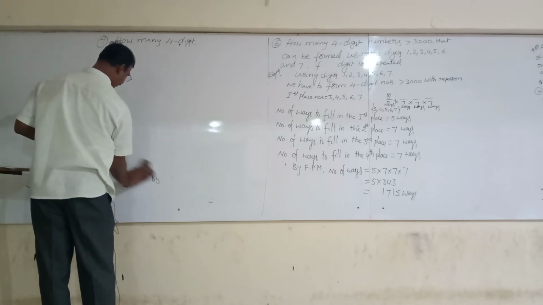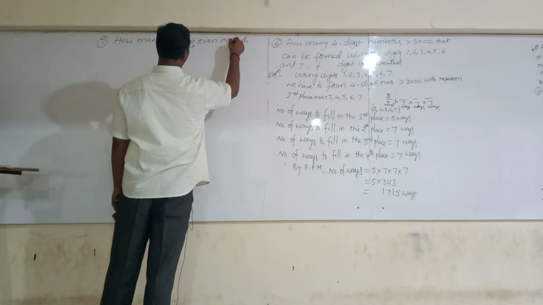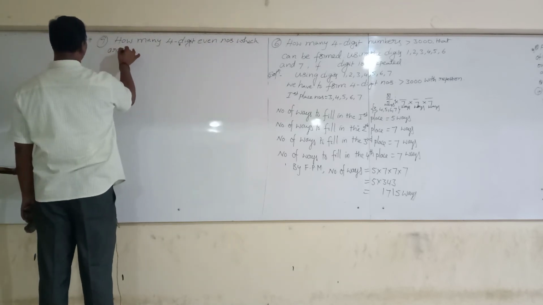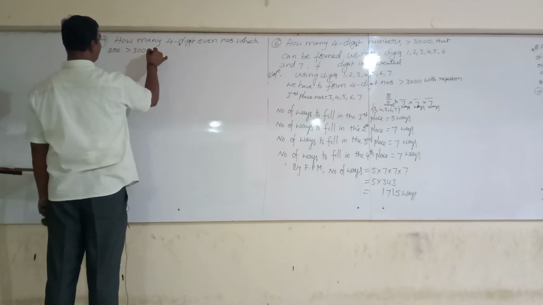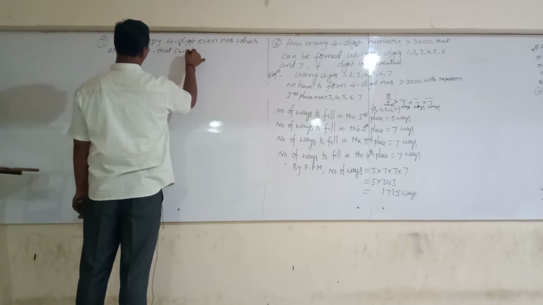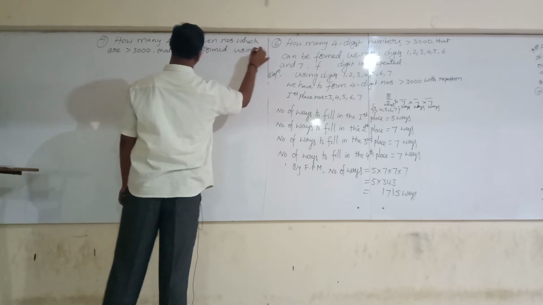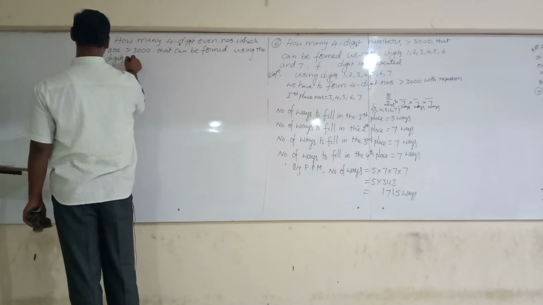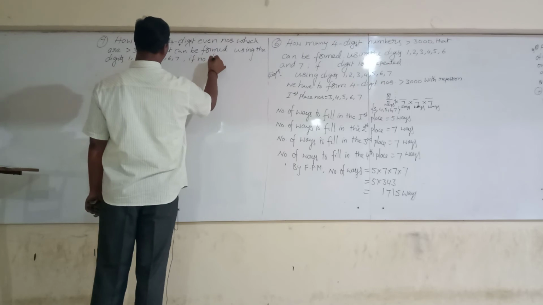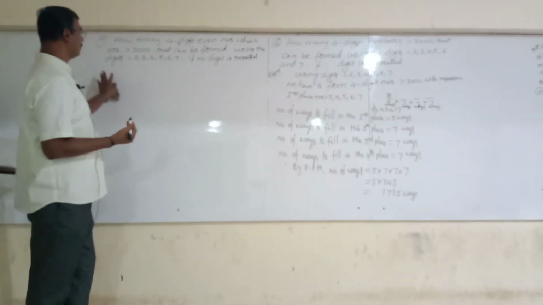How many 4-digit even numbers which are greater than 3000 can be formed using the digits 1, 2, 3, 4, 5, 6, 7 if no digit is repeated?